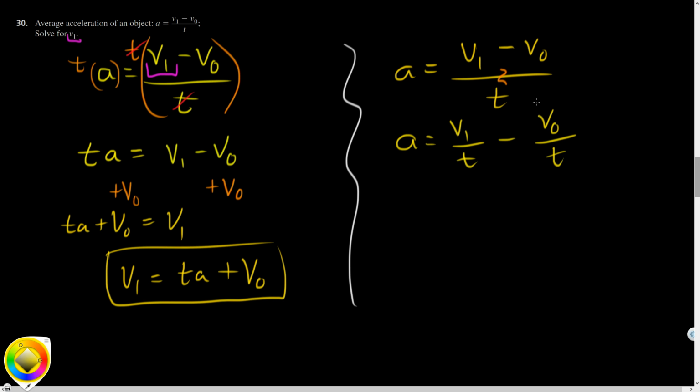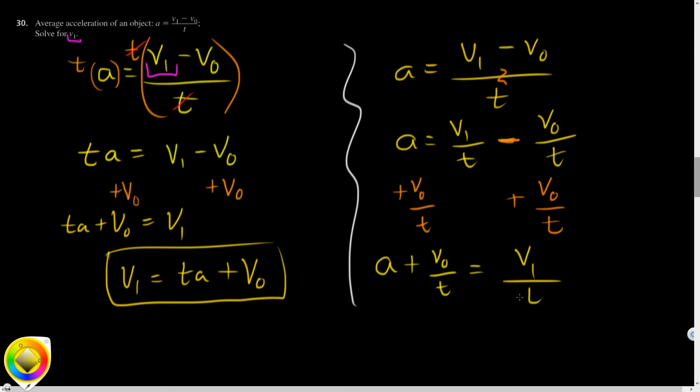If I break up the denominator so that it's under each of the terms there, that is a legal move. And now what would I have done to get v sub 1 by itself? Yeah, I would have added v naught divided by t to both sides. So I'd have a plus v naught divided by t equals v sub 1 divided by t.